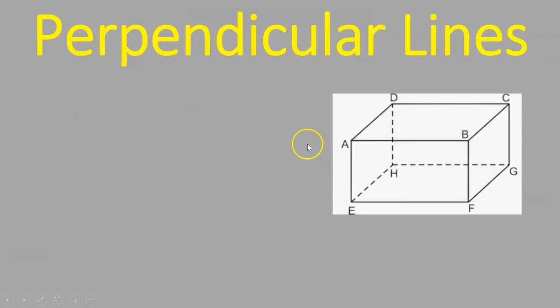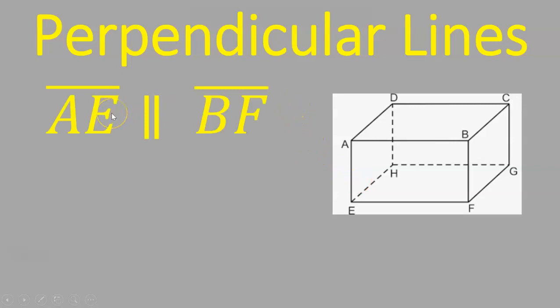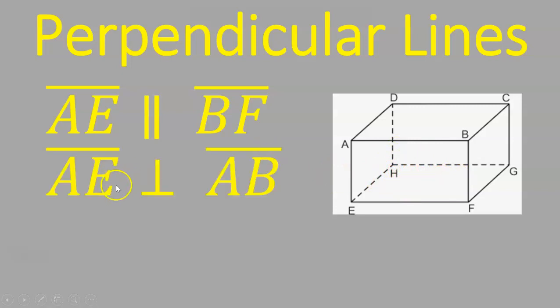Okay, if we have this figure, you would say that line segment AE is parallel to line segment BF. So this is the parallel symbol. Looks kind of like an 11 that's written real close together, little parallel lines. And you can see that AE and BF are on the same plane. They're both on the front, but they don't cross. Meanwhile, line segment AE is perpendicular to, this upside down capital T is a perpendicular symbol.